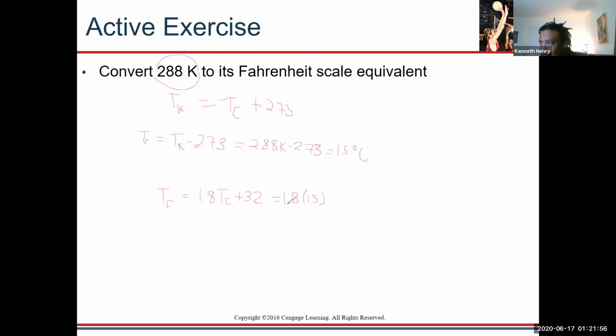That's a decimal. Okay, plus 32. What does that equal? 59 degrees Fahrenheit.